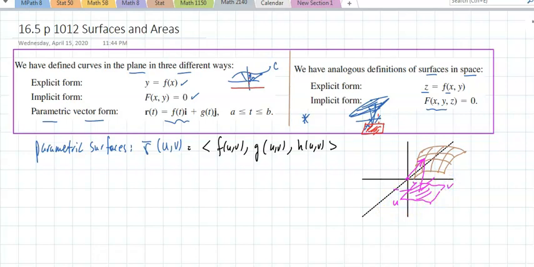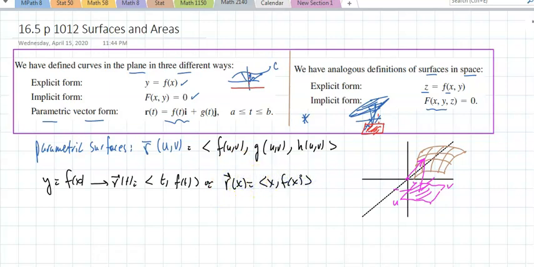Now, if I was given y equal f of x, well, r of t is very easy to come about. R of t will simply be t, f of t, or if you like, you could simply say r of x is x, f of x, and let x vary between such and such.